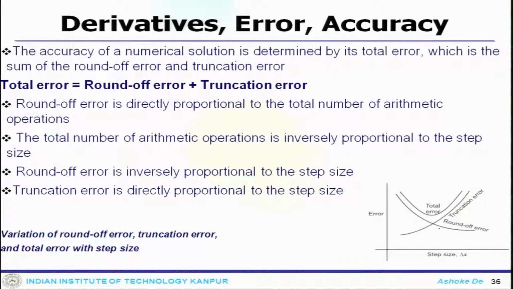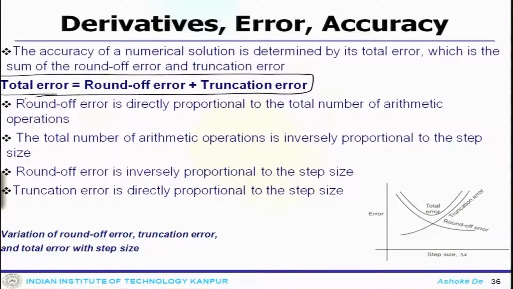Now, if you look at the complete picture, the total error would be the sum of the round off error and the truncation error. Okay. And how do they vary? If this is my error plot in this direction, and this is my grid spacing.